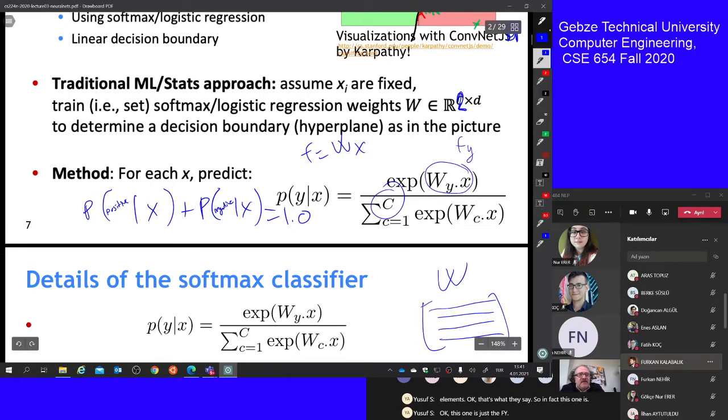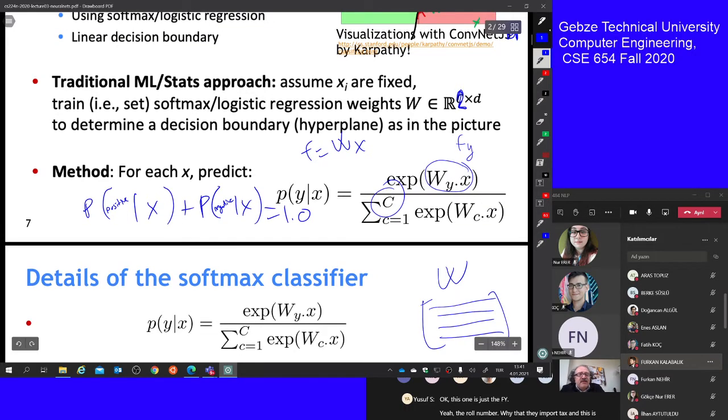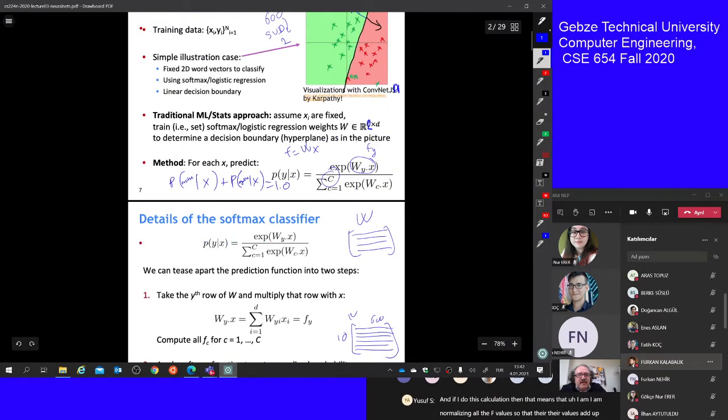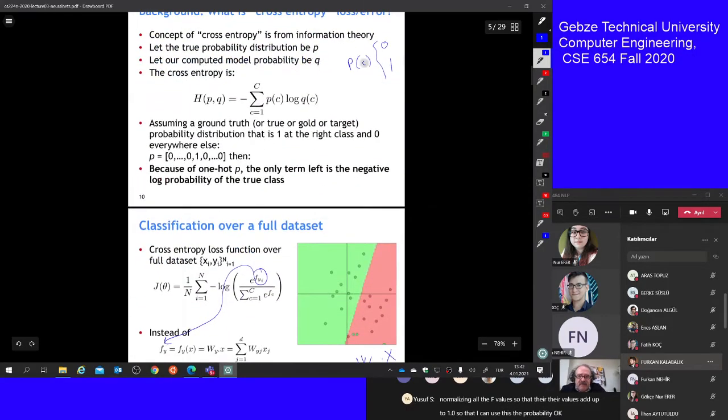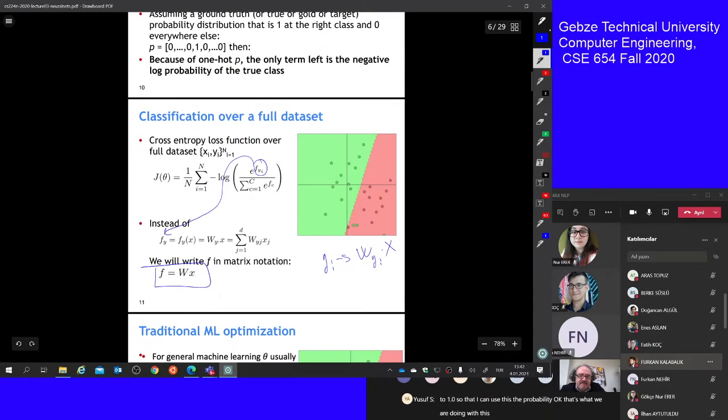Fy is you multiply the row number y with the input x, and this is fy. And if I do this calculation, then that means that I am normalizing all the f values so that their values add up to 1.0, so that I can use it as a probability. Okay, that's what we are doing with this f thing.